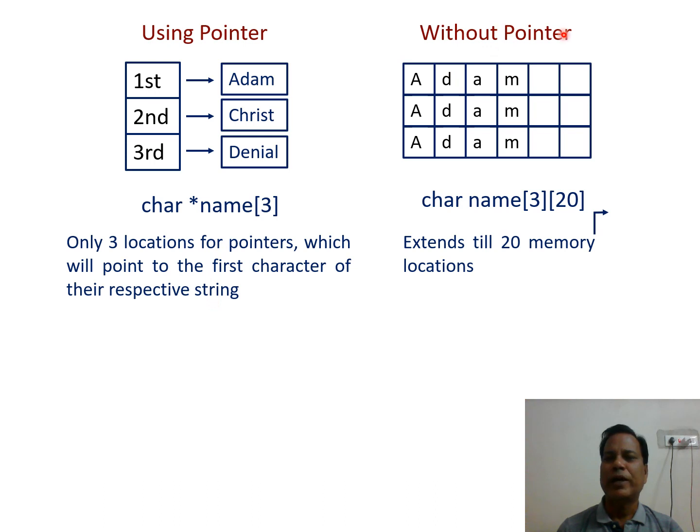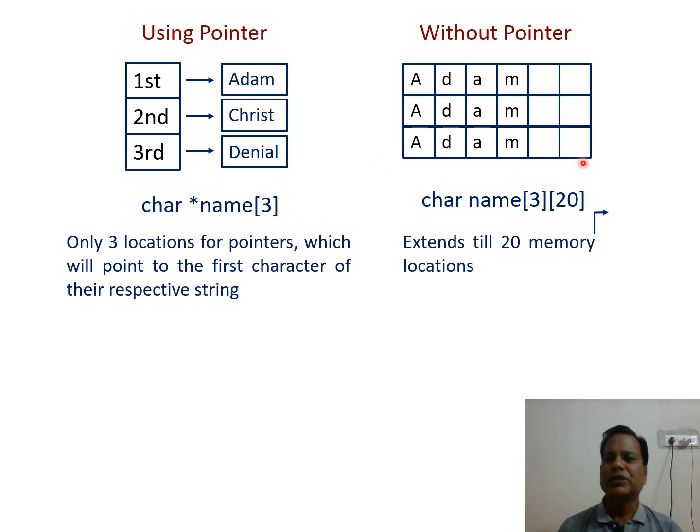Then without pointers, the strings are arranged in 3 rows and a maximum of 20 columns, because the number of characters in the names of different persons may be different. So a maximum of 20 characters is taken. So this much memory is required, because each character is stored in one memory location.